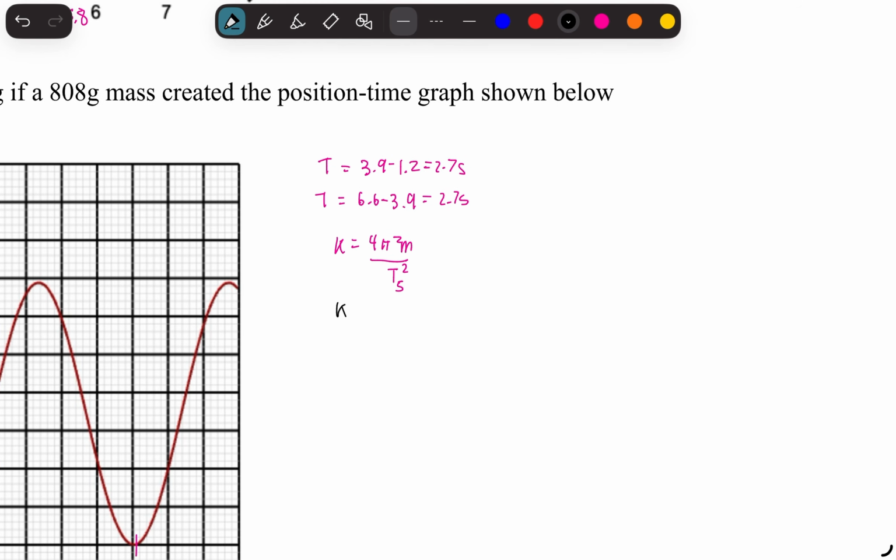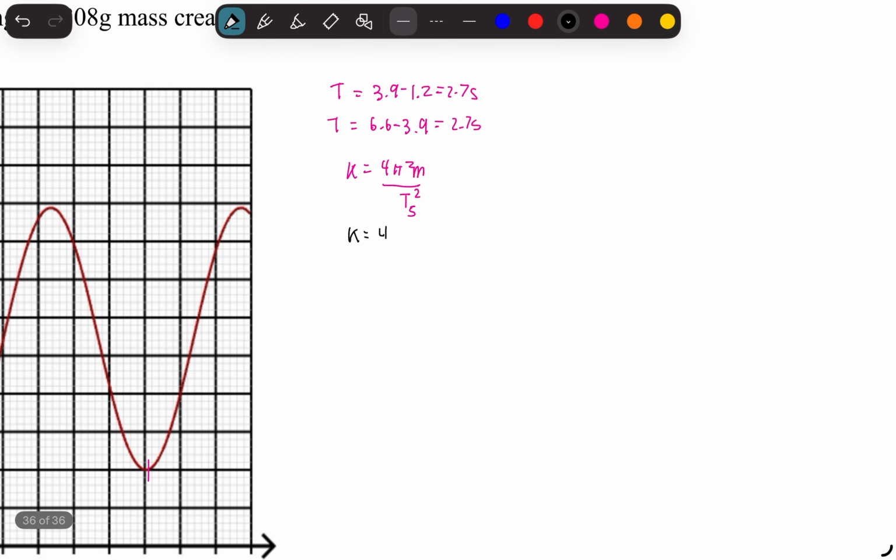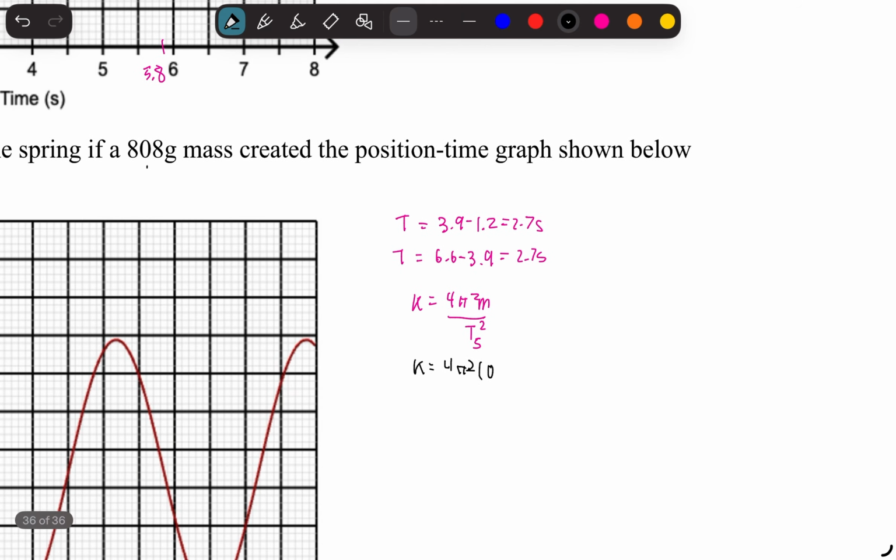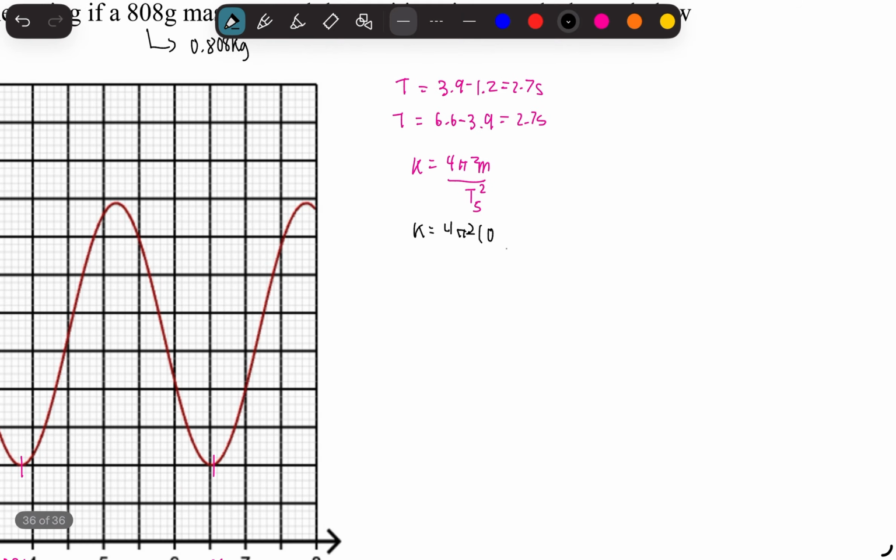With our values, we have 4 times pi squared times our mass. Our mass is going to be in kilograms, so that's 0.808 kilograms. Now you divide that by the period, 2.7 squared, and that's going to equal 4.37.